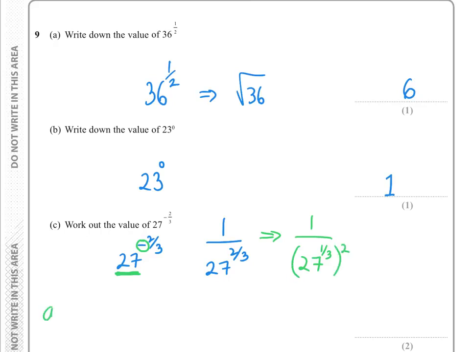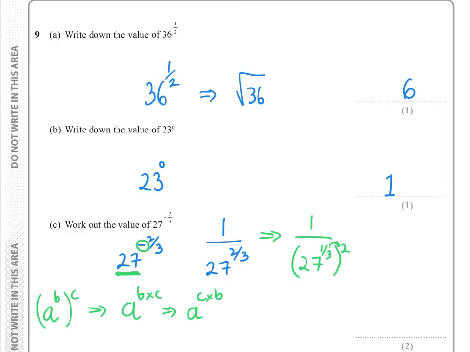well, that can be written as 27 to the power of a third, or to the power 2. Because if we have the rule a to the power b to the power c, that's a to the b times c, or a to the c times b. So it's easier in this case to do 27 to the power a third, or the cube root of 27 first, and then square it, rather than doing 27 squared first and then cube rooting.